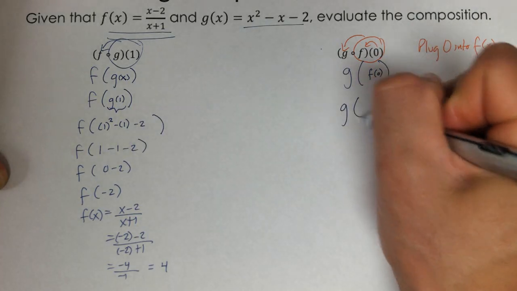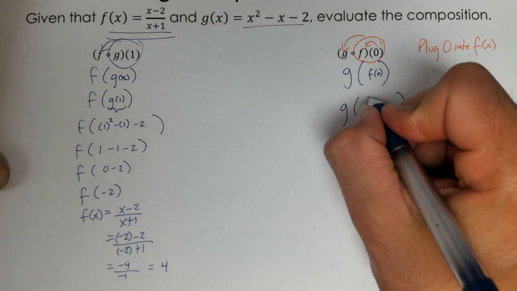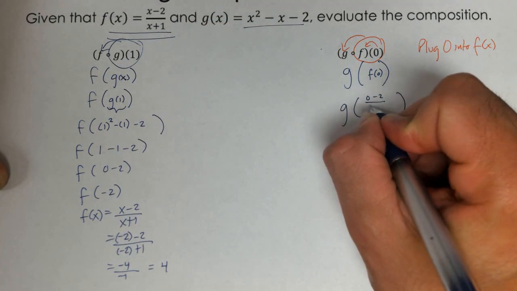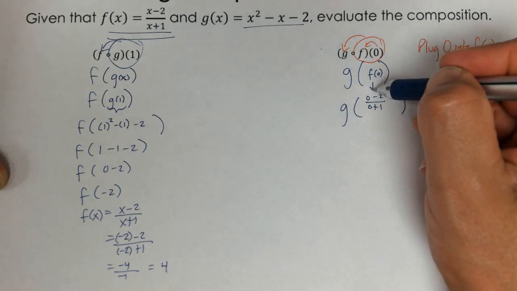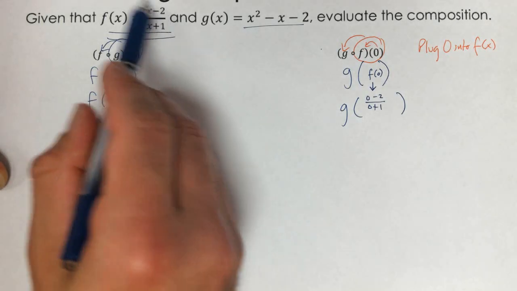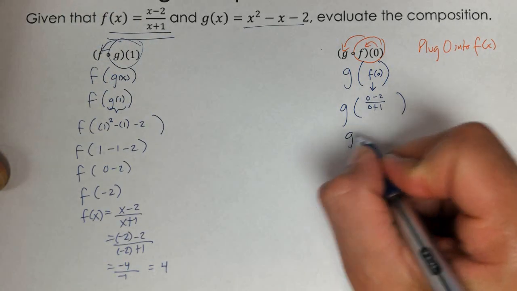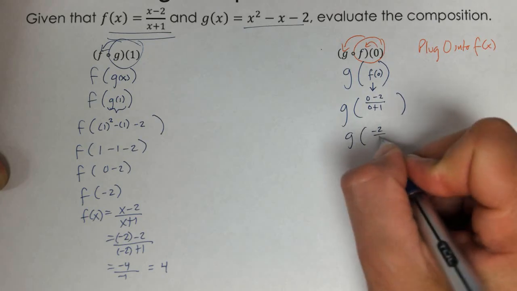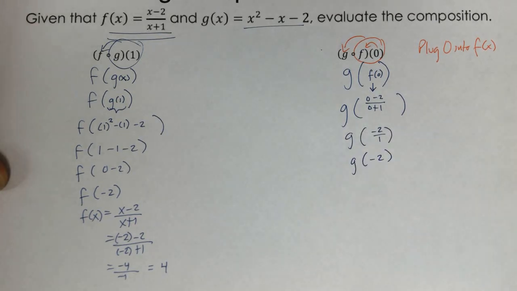So let's do this. g of f of 0. I plug 0 in here, which gives me 0 minus 2 divided by 0 plus 1. That's this piece, right? I plug 0 in f of x. I end up getting negative 2 divided by 1 gives me negative 2.